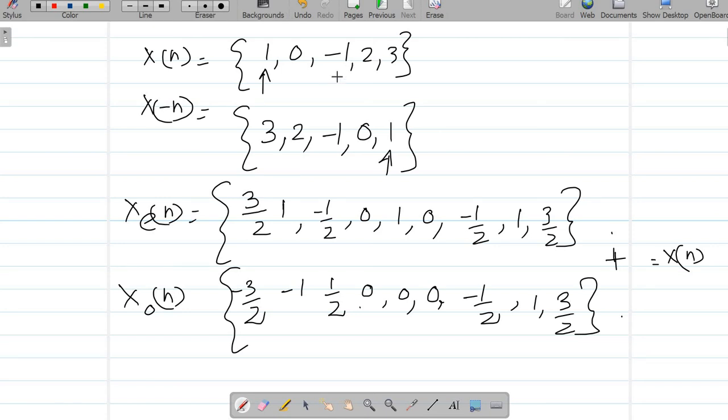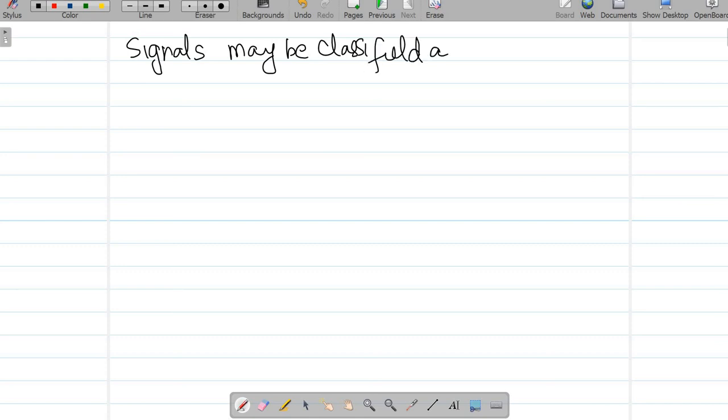The next classification that we are going to see is energy signals and power signals. So the signals may be classified as energy signal and power signal.